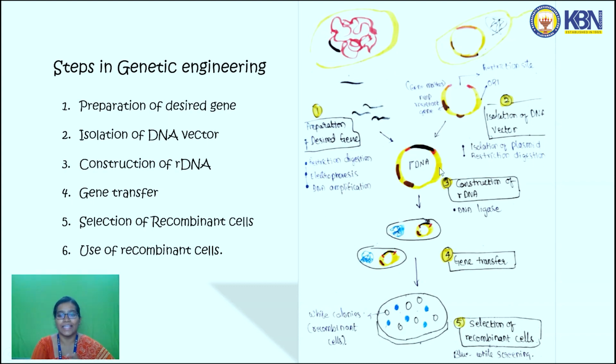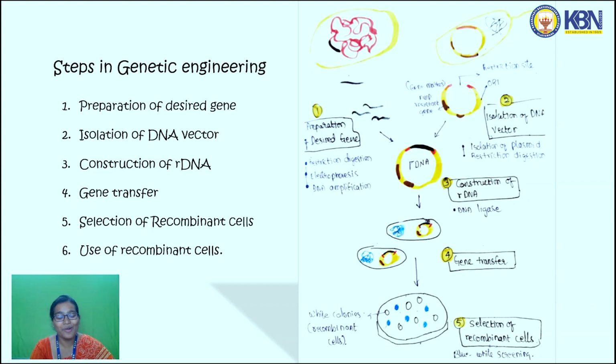As we use DNA ligase to combine the fragment and the vector, we get a recombinant DNA. We call it recombinant because it has a foreign gene in it. Finally, we have the desired gene inserted into the vector.